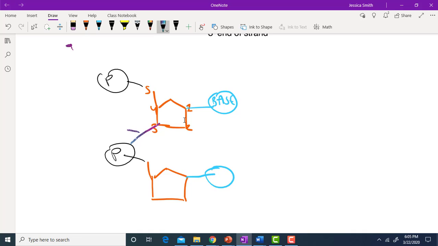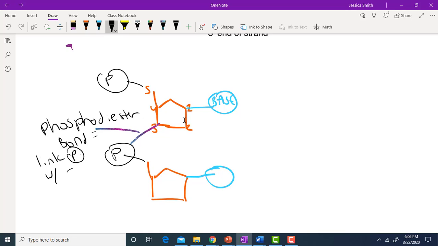Now this bond has a special name. We call it a phosphodiester bond. So phosphodiester bonds link phosphates with the 5 carbon sugar. They're going to link the phosphate with the 5 carbon sugar.